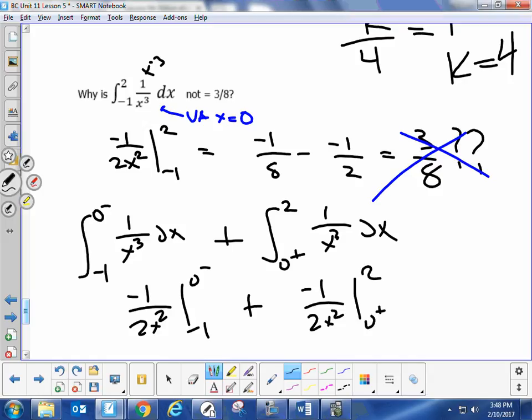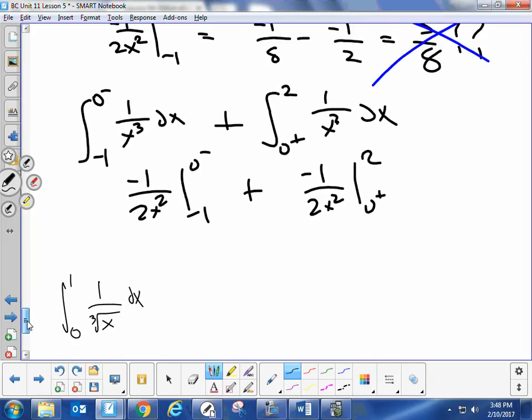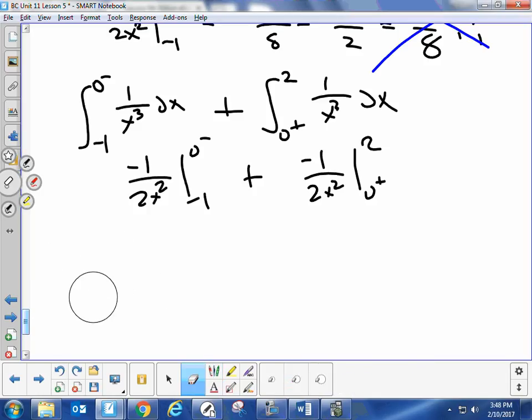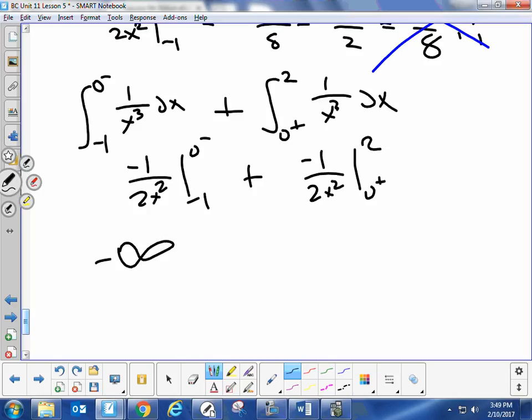We need to be careful, though, when we're plugging in 0 from the right, 0 from the left. Make sure that we keep track of the positives and negatives. So 0 from the left is a very small negative number squared, becomes a very small positive number. Times 2 is still very small and positive. Divided by, this ends up being negative infinity.